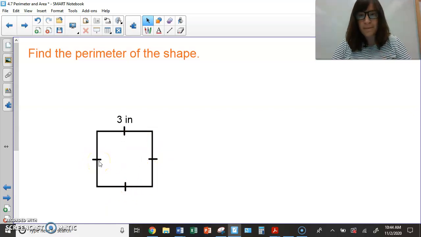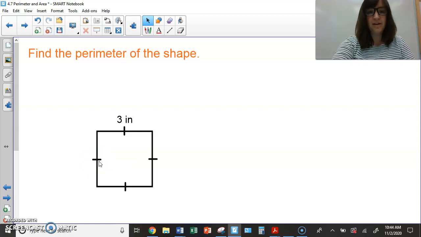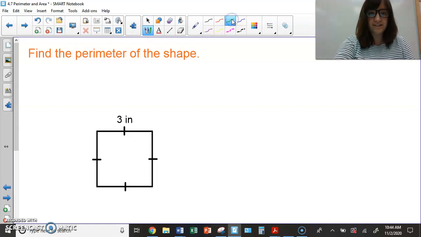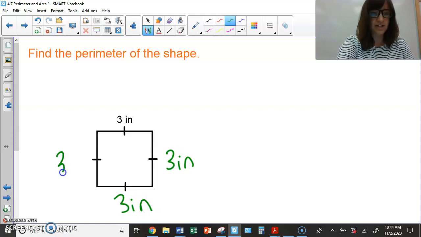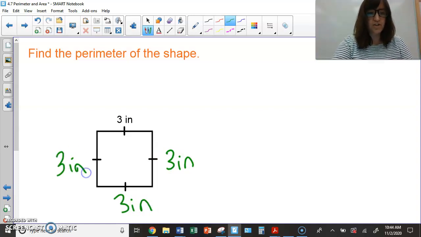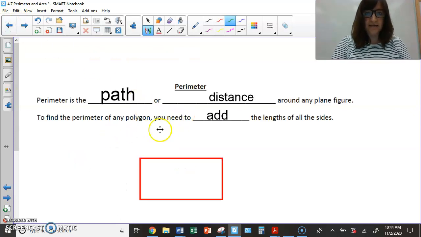If you know about squares, you know that all 4 sides are the same length. So if this side is 3, then this side is also 3 inches, this side is 3 inches, and this side is 3 inches. So I need to add the lengths of all the sides.